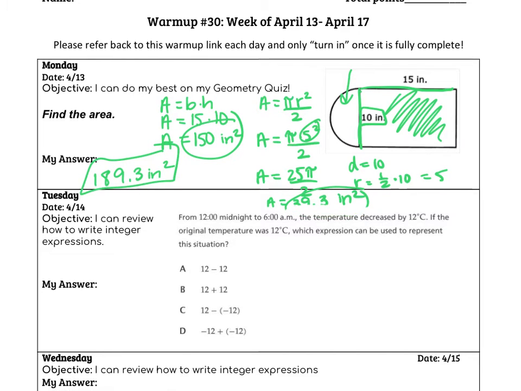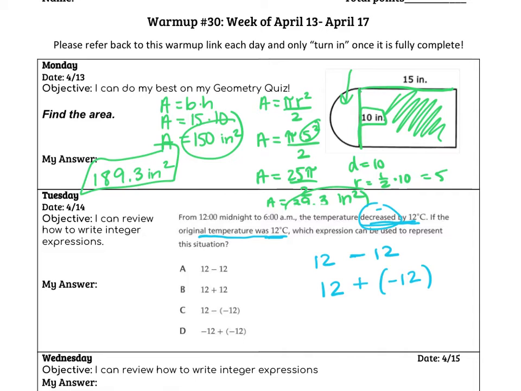Okay. Let's do Tuesday's warm-up. I can review how to write integer expressions. From 12 midnight to 6 a.m., the temperature decreased by 12 degrees Celsius. If the original temperature was 12 degrees, which expression can be used to represent this situation? Originally it was 12, then it decreased by 12.